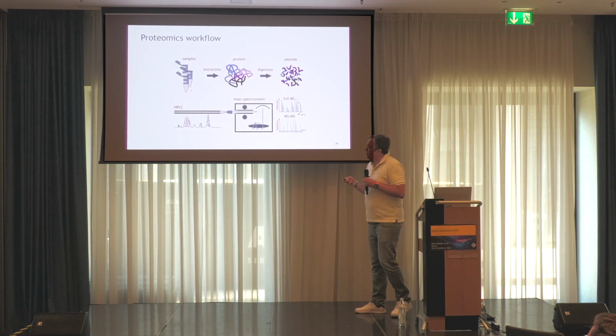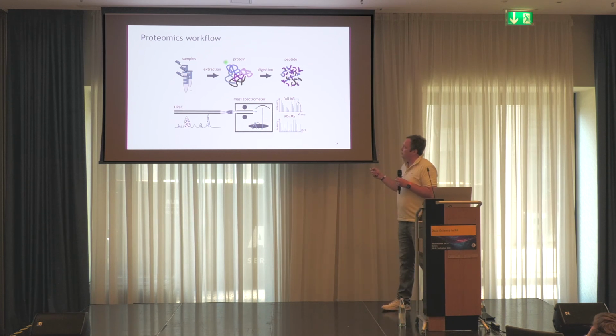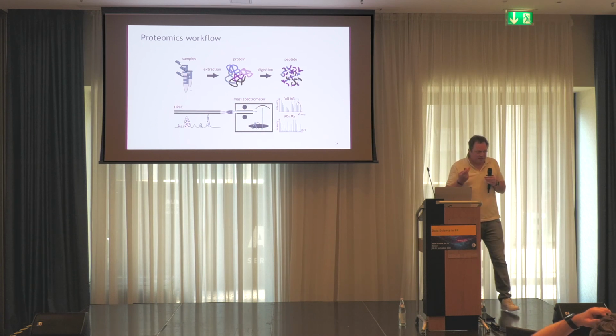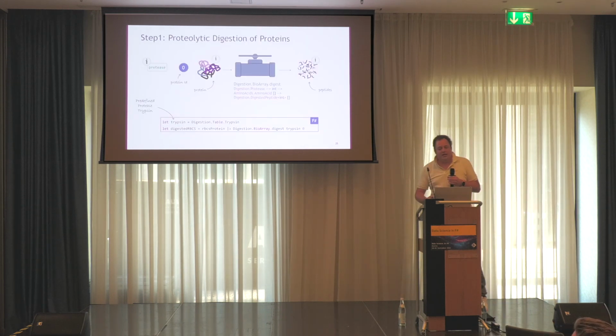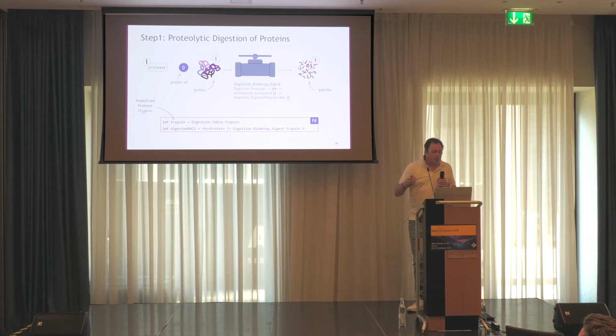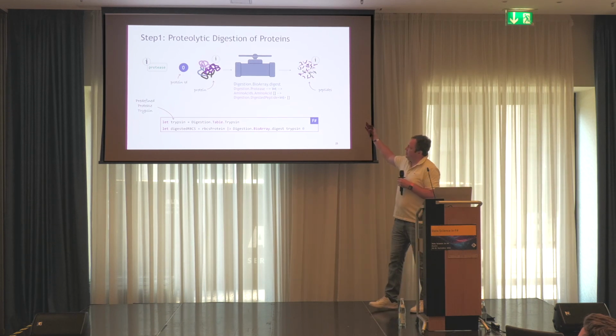I want to model this first process, the digestion, so chopping the protein into peptides. This is done by another protein, and as I said, we model proteins as functions. So we have this digest function. What it needs to know is the name of the protease, because this is the pattern by which the protein, which you also give to the function, is chunked into pieces, and what you get out of it is peptides.